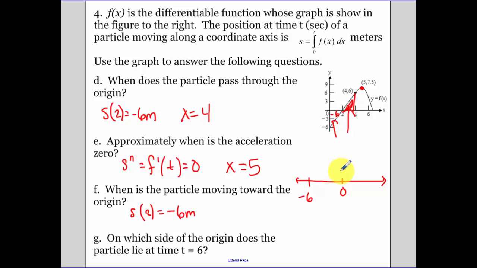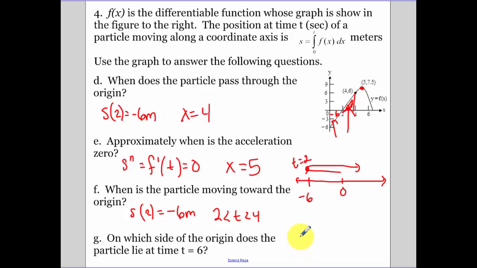I start somewhere, I go to -6, and then I turn around and I come back. So when am I moving towards the origin? I'm moving towards the origin from 2 to 4, because then at 4 I'm at the origin. I was still in the negatives, but I was moving toward the origin. This area here was canceling out that area there.